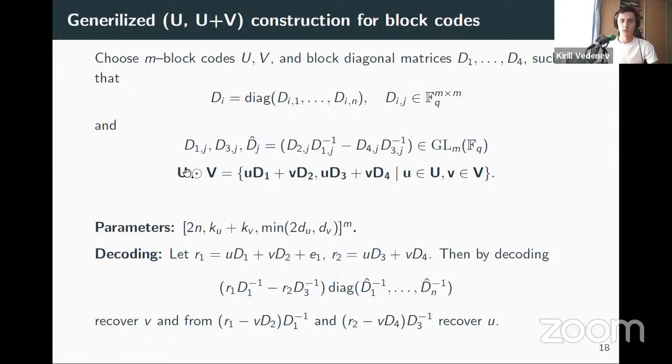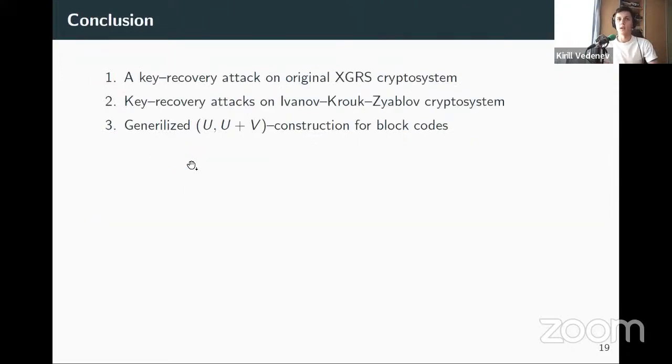So it is possible to use such codes to avoid the proposed attacks. So the conclusion: we have developed a key recovery attack on the original XJRS cryptosystem. We also have developed a key recovery attack on the Ivanov-Krouk-Zyablov cryptosystem. And we also discussed how these attacks can be avoided by applying the U plus V construction for block codes itself.